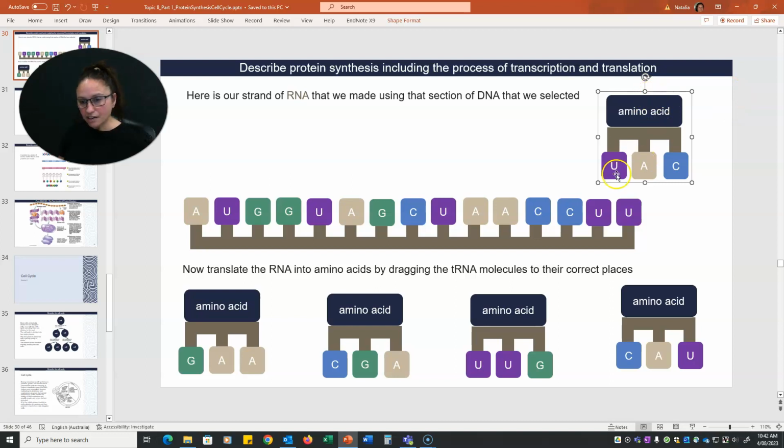Now what happens is that this transfer RNA locks in. This transfer RNA is carrying a type of amino acid. Now there's 20 types of amino acids. I don't want you to worry too much about what amino acid this one corresponds to. Let's just say this is amino acid number 1.